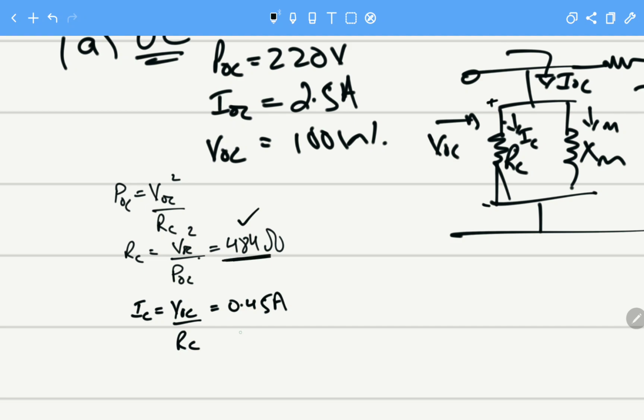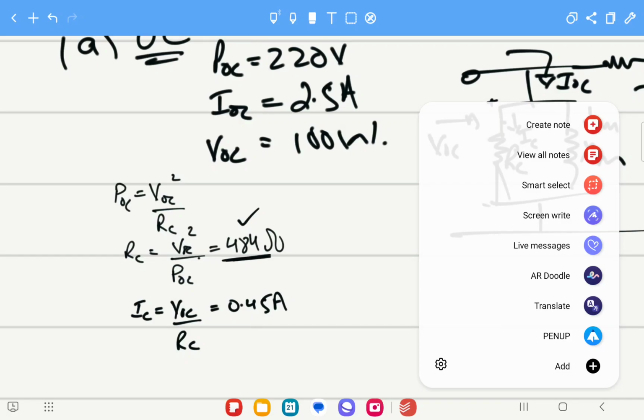This was RC, 0.45 ampere, and now I can calculate, because I know this is the inductive branch and this is the real branch. So the IOC current is composed of two parts, real part and imaginary part, and by that formula I can easily calculate this.